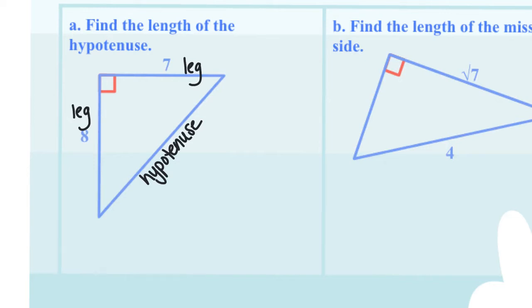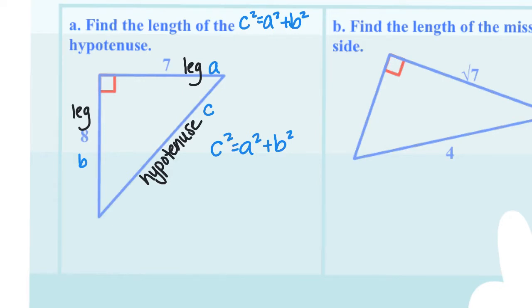The Pythagorean theorem says c squared equals a squared plus b squared. C always represents the hypotenuse, while a and b represent either leg. We write our formula c squared equals a squared plus b squared, and we substitute the given values into the formula.